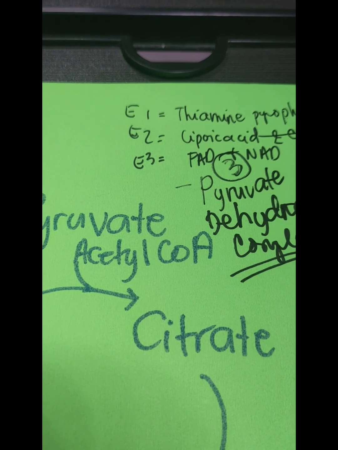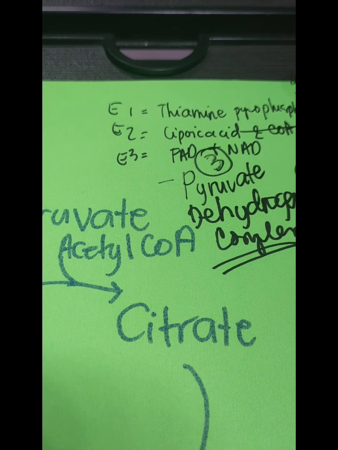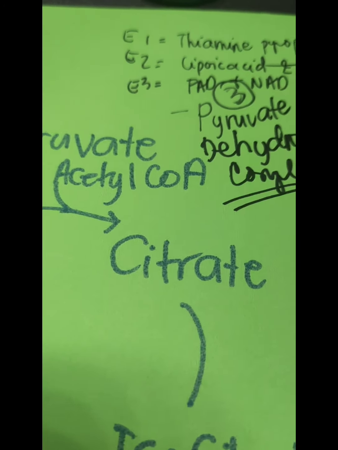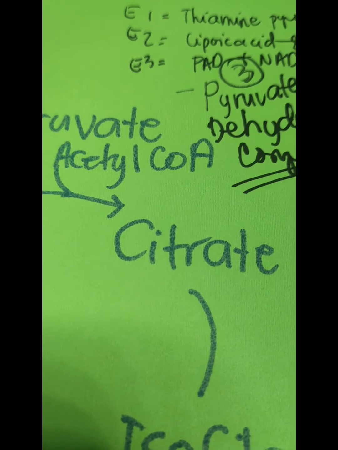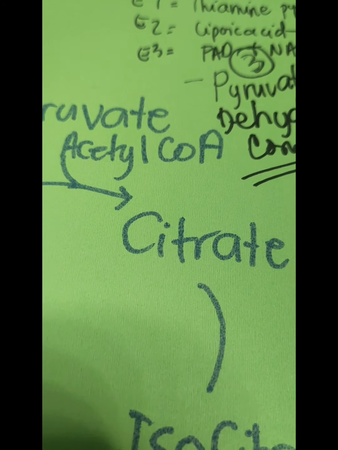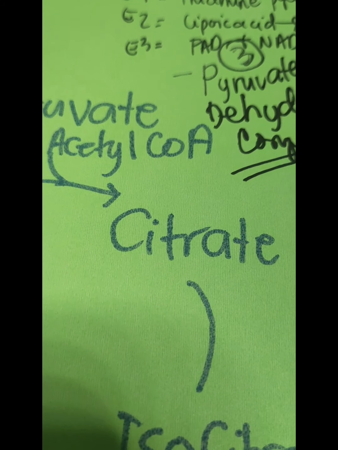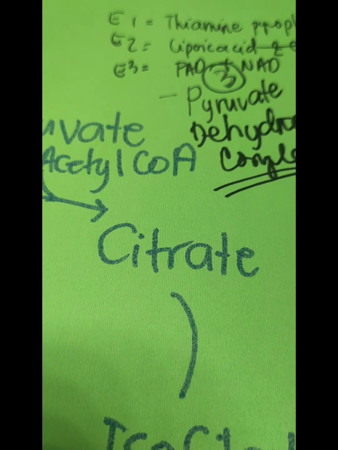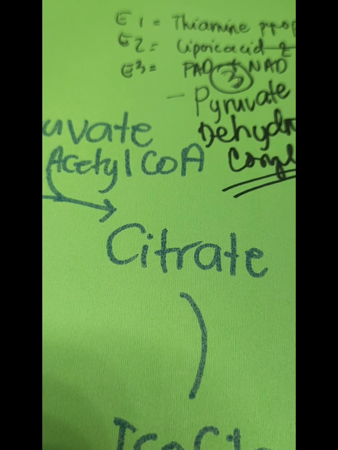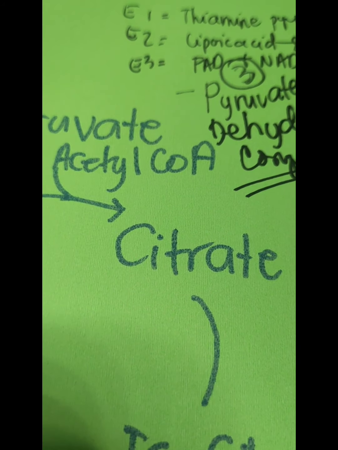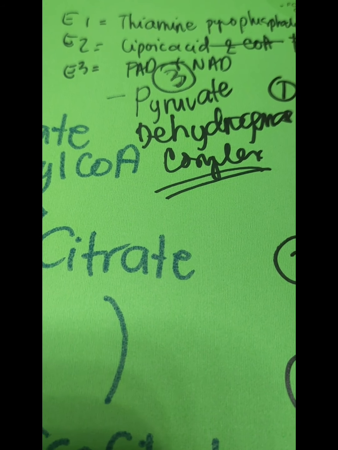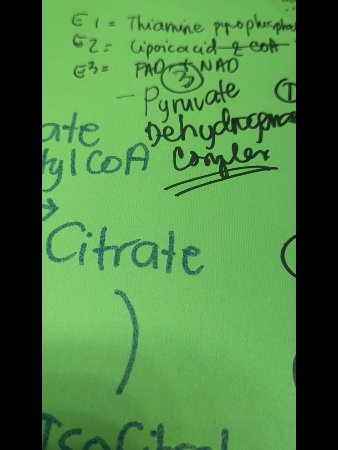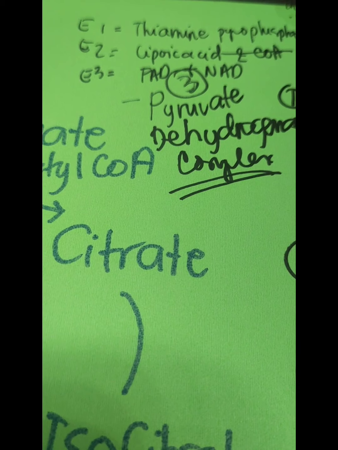Okay? So, as to regulation, dito na po papasok ang ating two regulatory enzymes, which I have mentioned earlier, the pyruvate dehydrogenase kinase and the pyruvate dehydrogenase phosphatase. The regulation, ibig sabihin, ito yung stop and go, siya po yung traffic light, ano po. So, the pyruvate dehydrogenase kinase is responsible for the inactivation of your pyruvate dehydrogenase complex, so the activity of this PDHC is inhibited, okay?